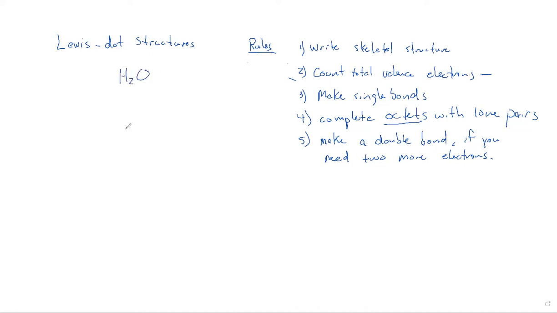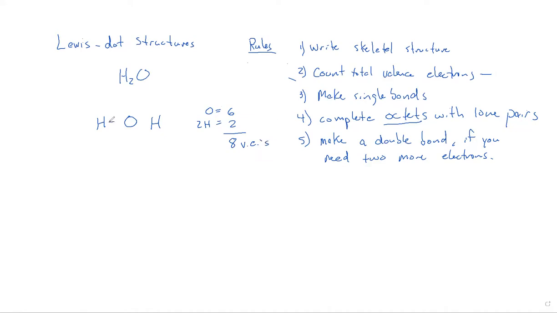I'm going to put oxygen in the middle. I think we already know the structure of this, but we'll do it with the rules. So there's my skeletal structure. A lot of times it's good to go to symmetry. Then count the total valence electrons. Oxygen has 6 and 2 hydrogens is 2, so we have 8 valence electrons.